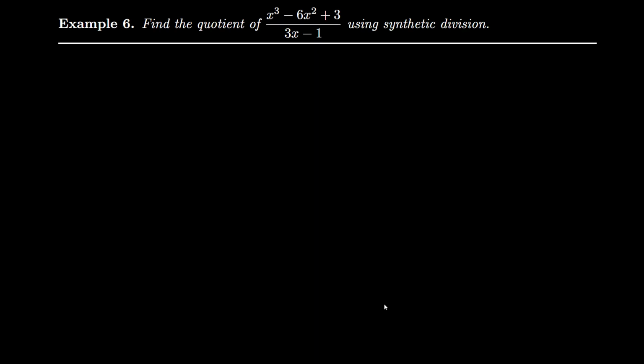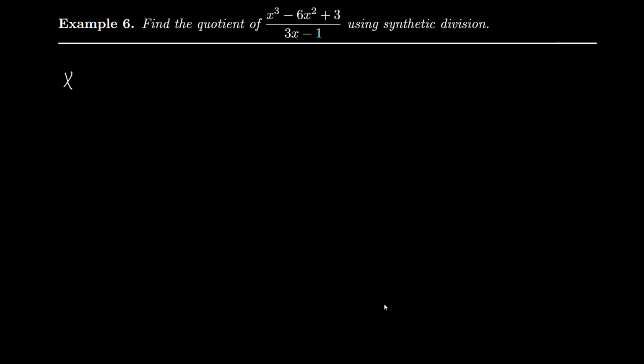The second thing we need to check on is to make sure that this divisor is degree 1. And it is. Cool. So we can do synthetic division, but we got to do some stuff first. So we got to get rid of this 3. So let's think for just a second about this. Let's write this down.